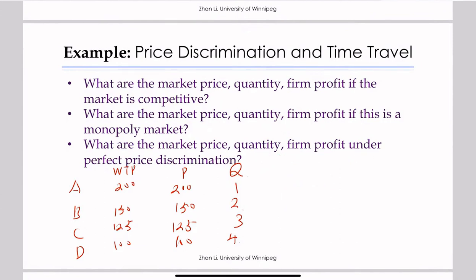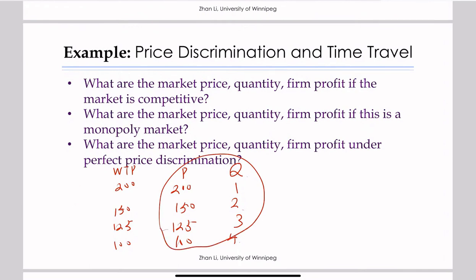Right? Okay, now let's look at the second question. The second question says, what are the market price, quantity, and firm profit if this is a monopoly market? Okay, let me first move the demand curve to the left.